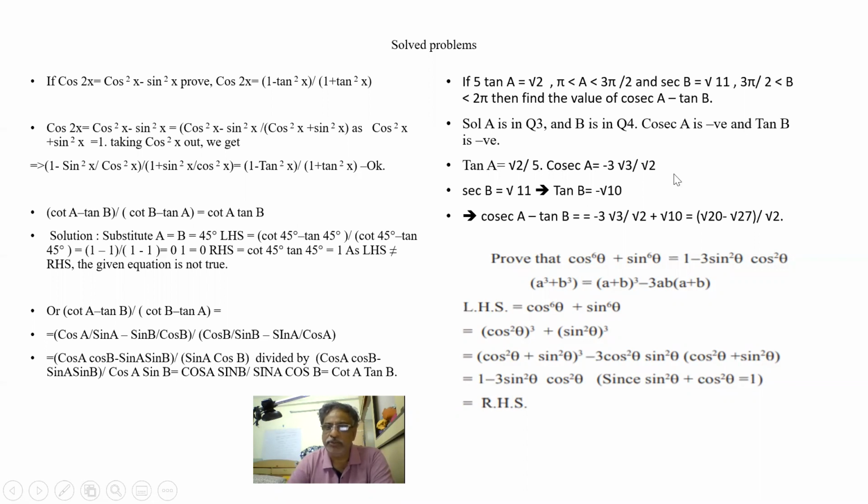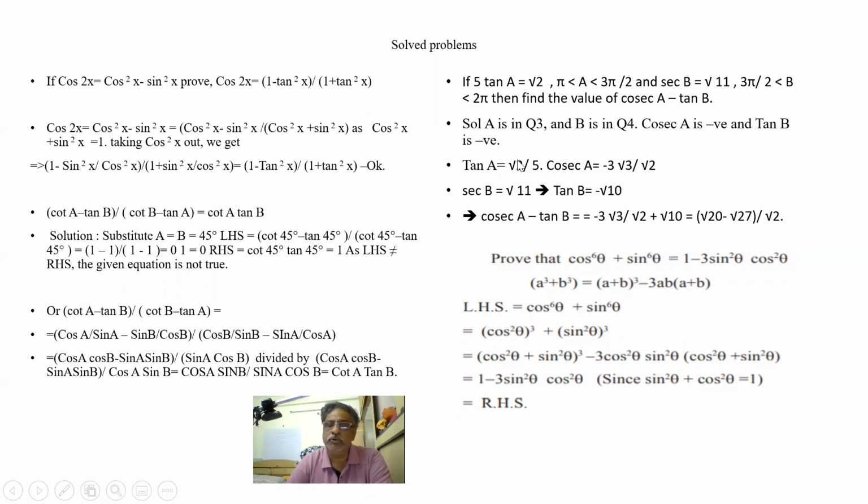So what is the hypotenuse? 5 square plus root 2 square. 5 square is 25 plus root 2 square is 2, so 27 under root. 27 under root is nothing but 3 root 3. So cosecant A is hypotenuse by opposite side, so 3 root 3 by root 2, with a minus sign because of the quadrant.